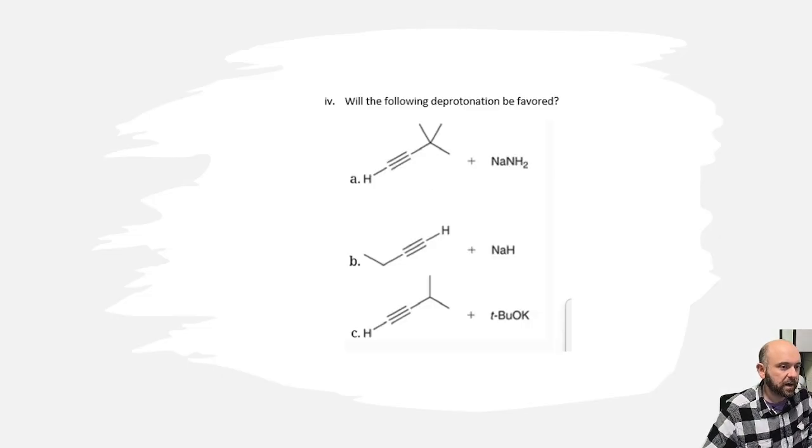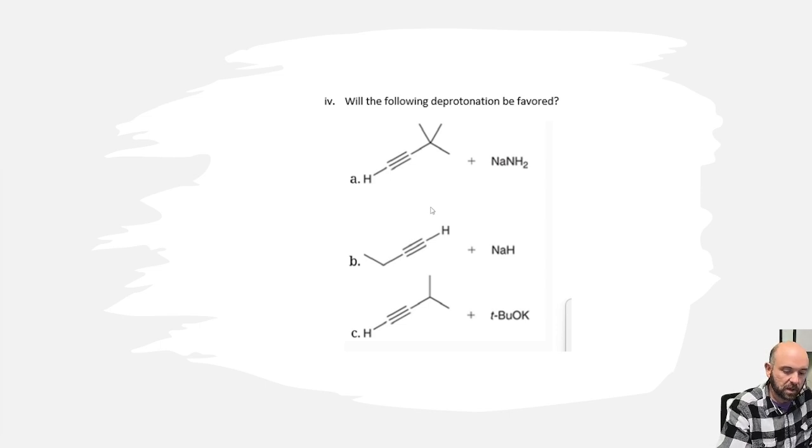So on this slide, we're asked, will each of these substances deprotonate the terminal alkyne? And we're basically just needing to refer back up to the pKa chart from the last page, and we see that sodium amide and sodium hydride are bases that are strong enough they can deprotonate the hydrogen atom here in this place.